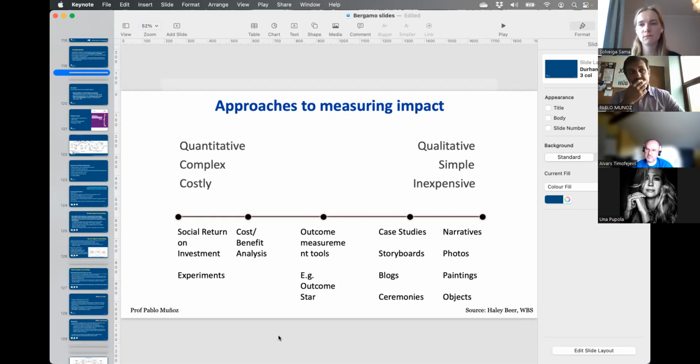There's a mapping that you can do. Measuring long-term impact is very difficult. You're going to have to wait 20 years to be able to show it, and you don't have that time, so you need investment and funding tomorrow.